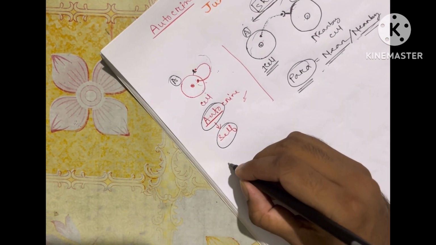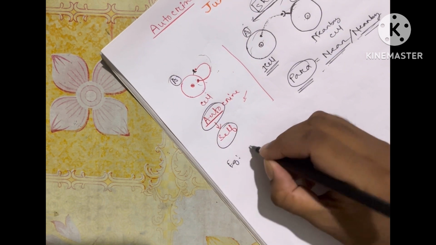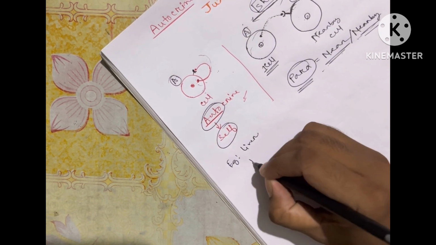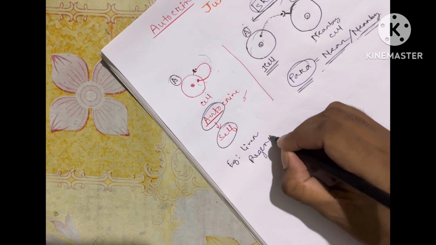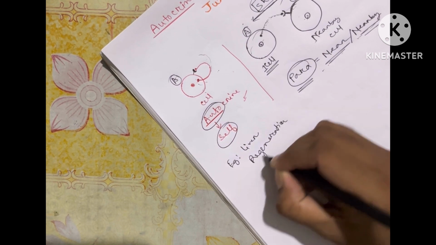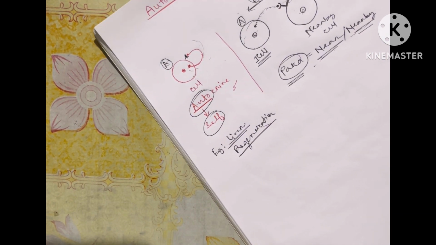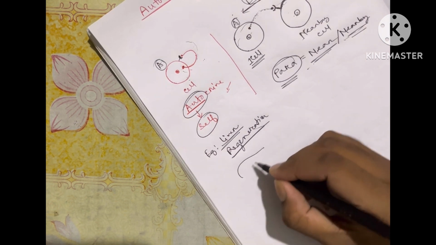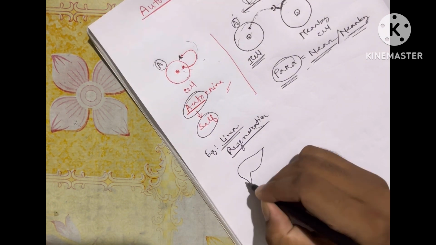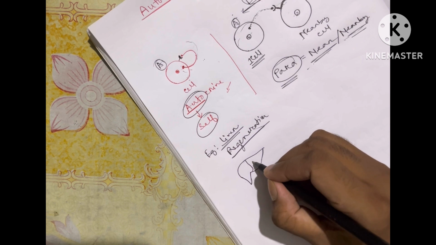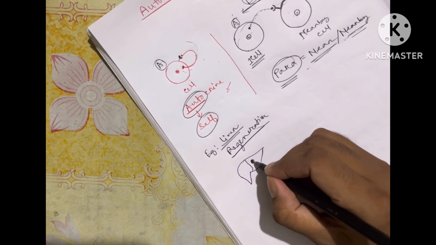So what's an example of autocrine? One of the major examples is liver regeneration. So for example, this is our liver. If one of our cells is damaged, then what will happen?